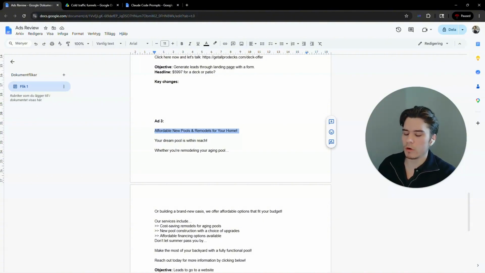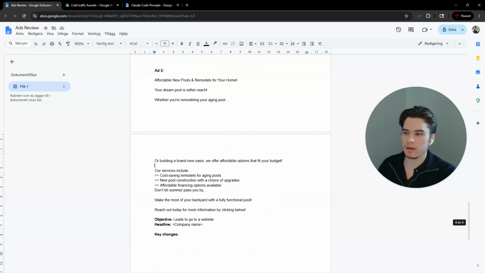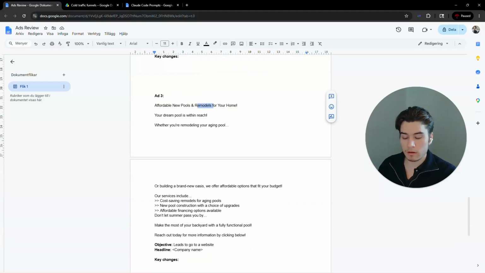And one more thing is that it's trying to do two things at the same time. So it's talking about remodeling, but also about new pools. And so the ad is breaking what in marketing terms is called the rule of one. The rule of one basically states that you're solving one problem for one person with one solution.